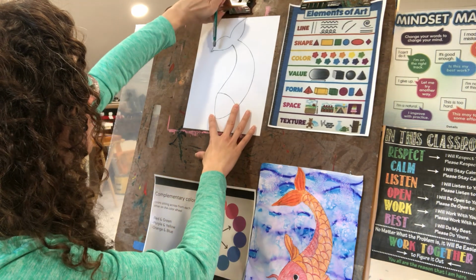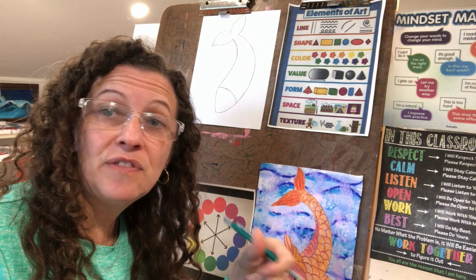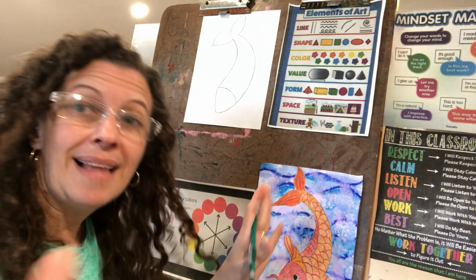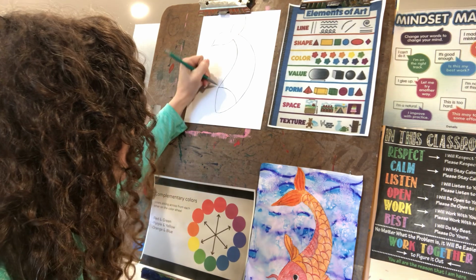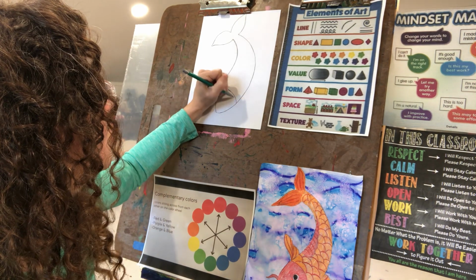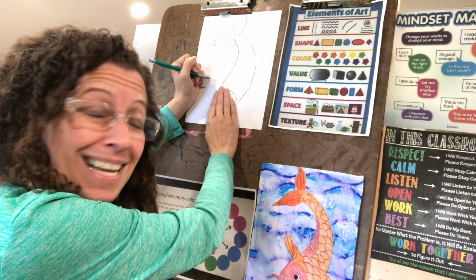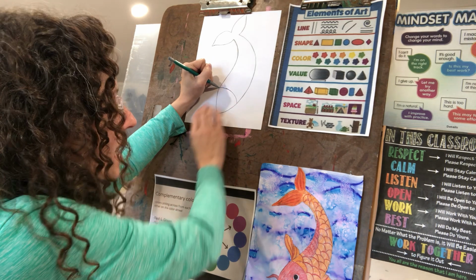Okay, now we have to add his fins on the side, the ones that allow him to move. So I'm going to go from here, from this curved line. We don't want to make his fins come from his face, but they come from right here.